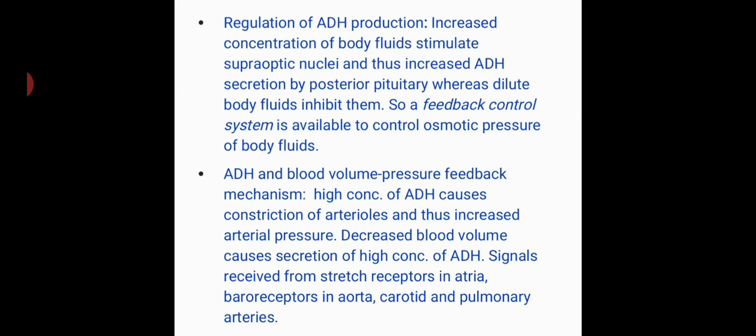There is one more important function of ADH. While a low concentration of ADH increases water conservation by the kidneys, a high concentration of ADH in blood is known to play an important role in the blood volume pressure feedback mechanism.